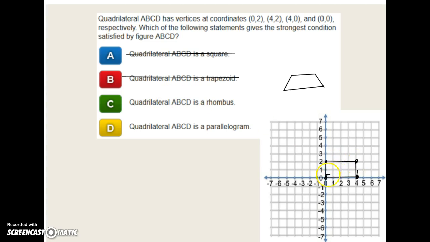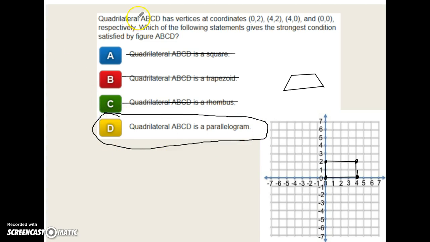So this is not a rhombus because not all sides are the same. So last one, a parallelogram. Parallelogram just means that there are 2 sets of parallel sides. So my rectangle is a parallelogram because this side is parallel to this side and the bottom is parallel to the top. So for this one, we would list that it is a parallelogram.